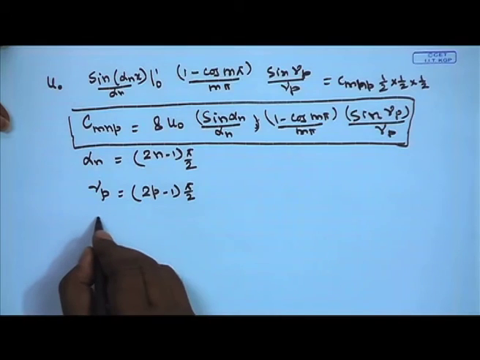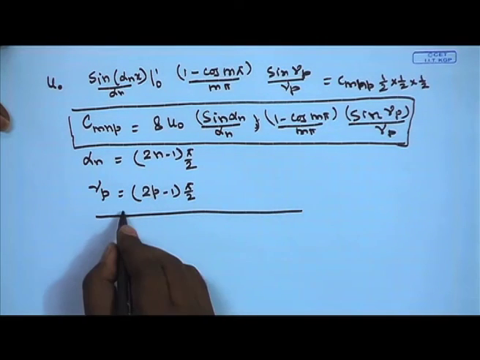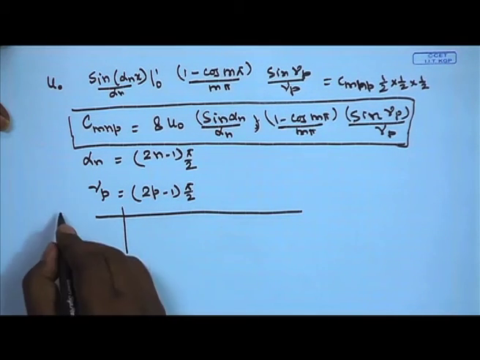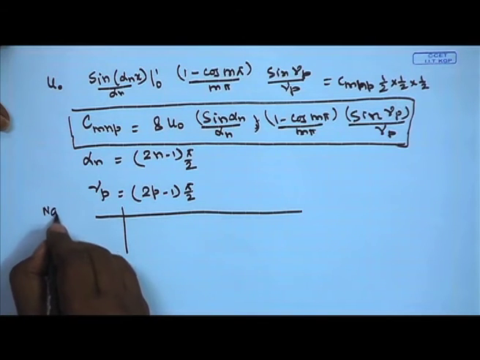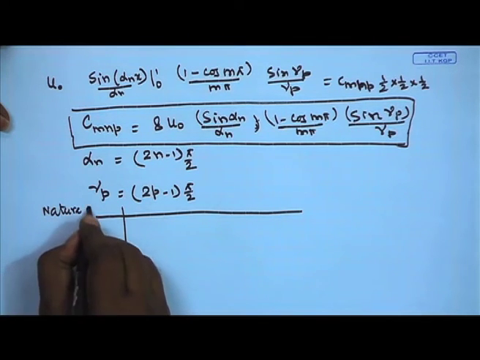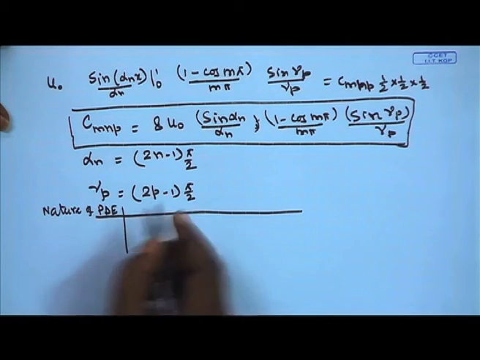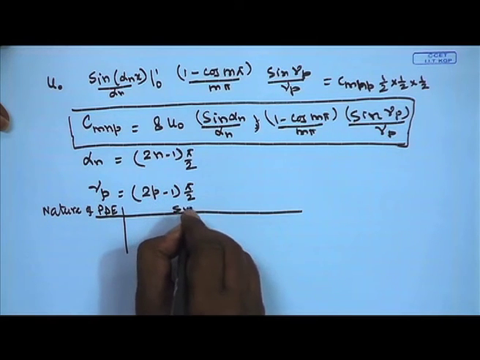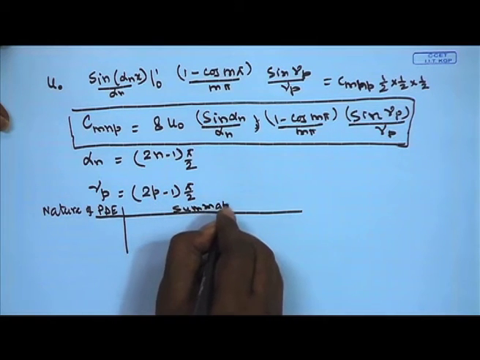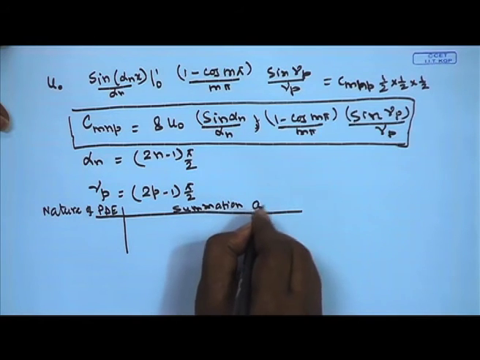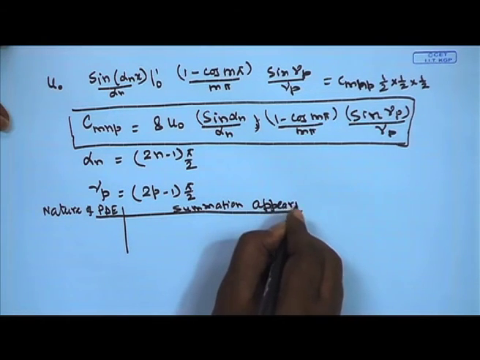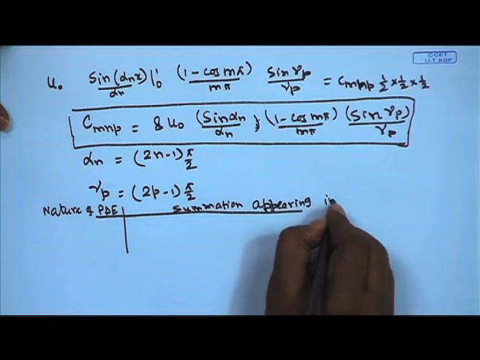So, now if we can summarize this problem, then we can write down the nature of the PDE and the summation appearing in the solution.